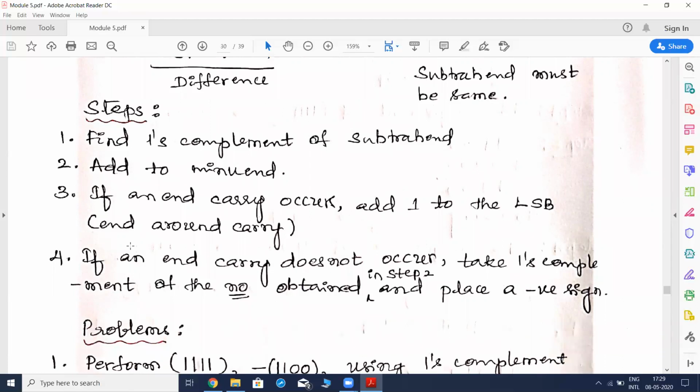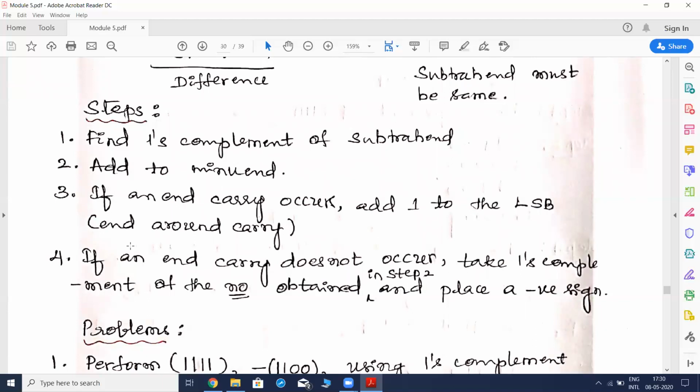Now you must observe your result, whatever you have got. If there is a carry that occurs, then you must add that one to the LSB. This procedure is called end around carry.